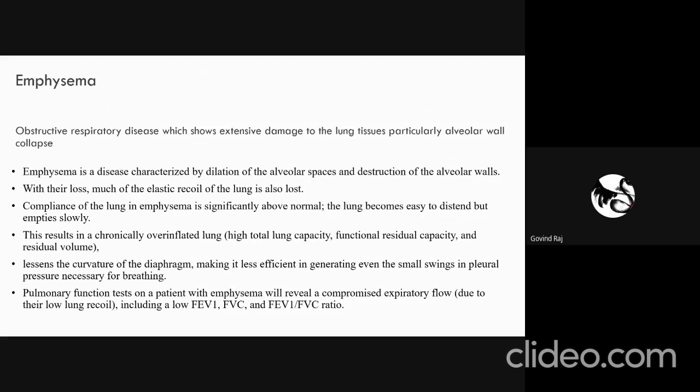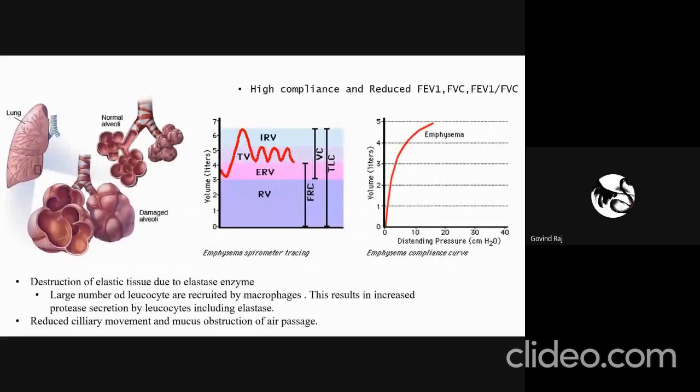But in the case of emphysema, the main characteristic is that it will have a low functional residual volume. So the FEV1 by FVC ratio will be low. This is how the disease is manifested.